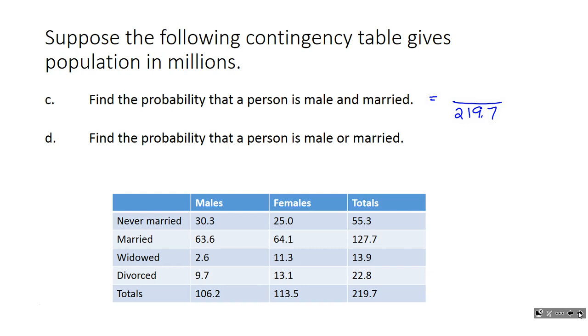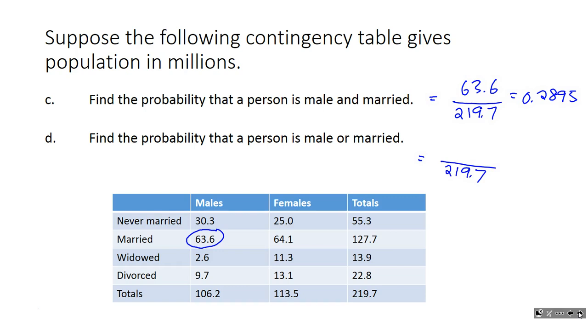What number here would represent that? Well, it looks to me like it would be this number here, wouldn't it? That's where the males and the married meet. So that would be 63 plus million people are male and married. Divide here to get this probability, 0.2895.